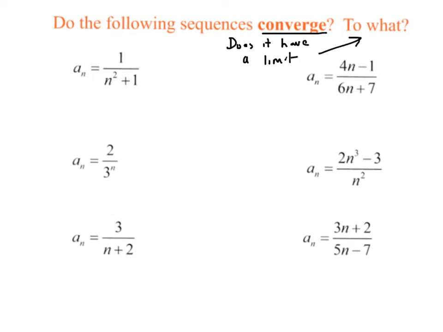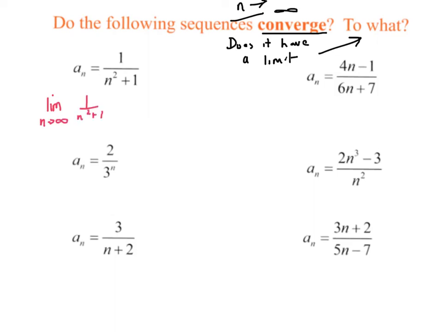Well, sequences go towards infinity. We plug in larger and larger, n approaches infinity. We just plug in larger and larger values. So really, like this first example, think about it this way. Is there a limit as n approaches infinity to 1 over n squared plus 1?